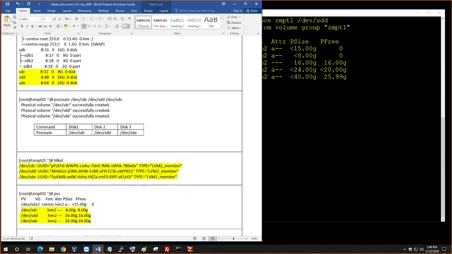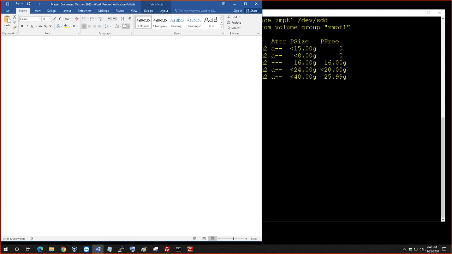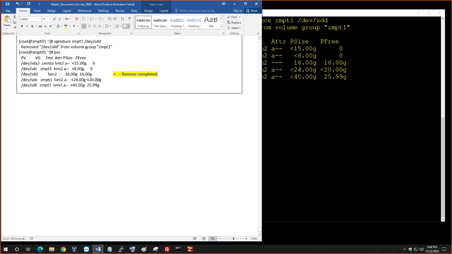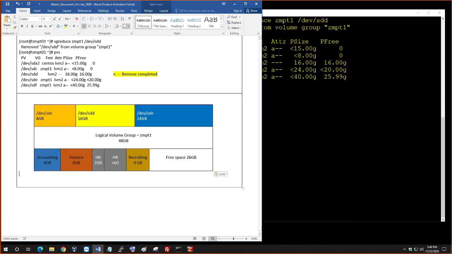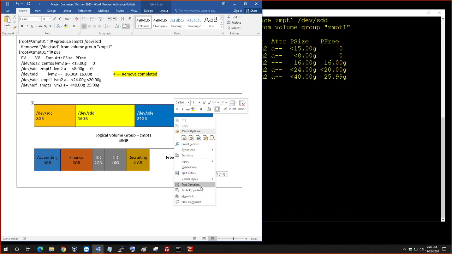Now what I'm going to do is copy this here, and this is the current status. Okay, so what happened here is SDD is corrupted and is gone, and then what we have here is SDF.